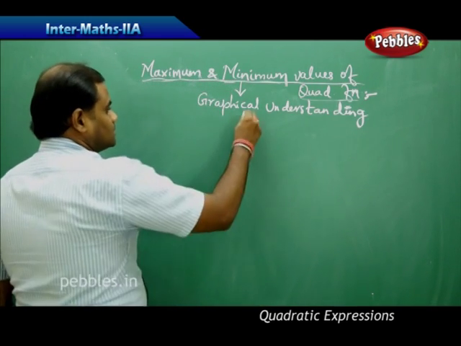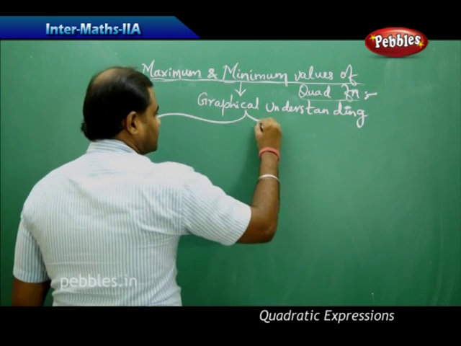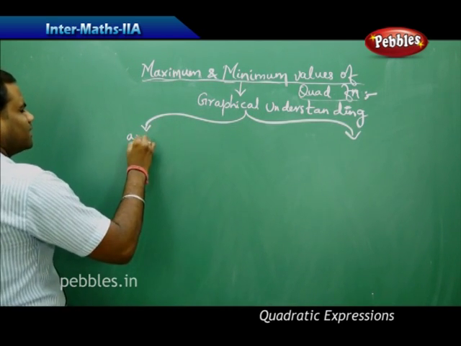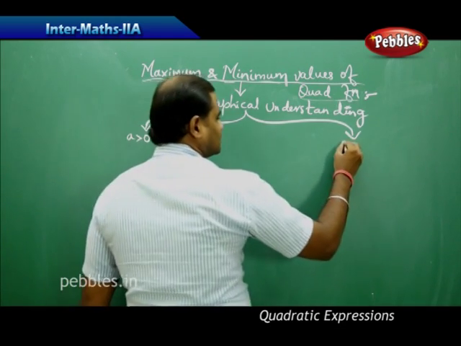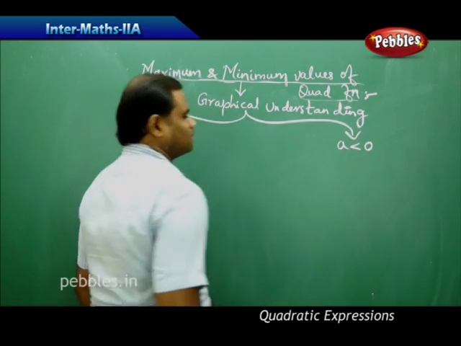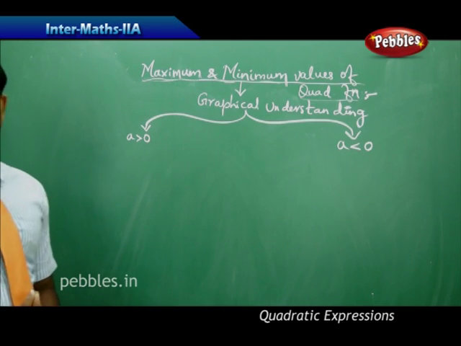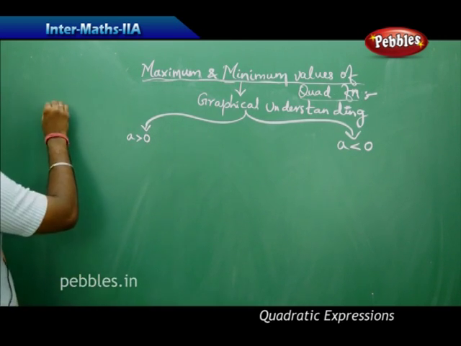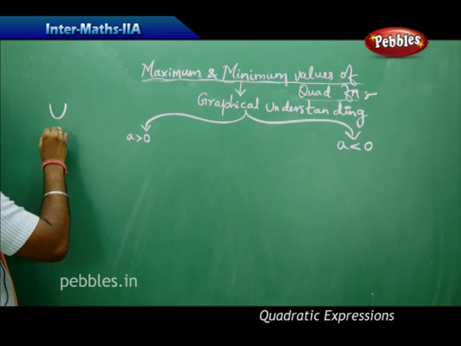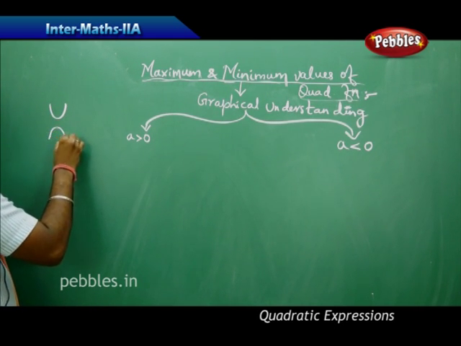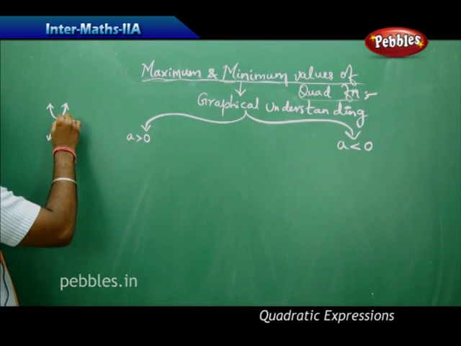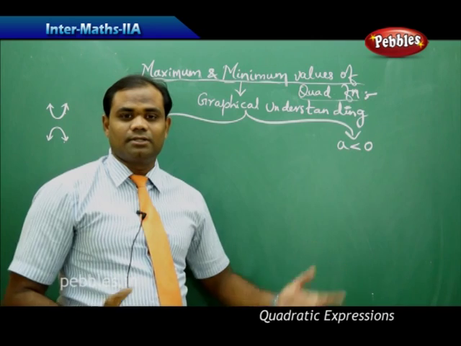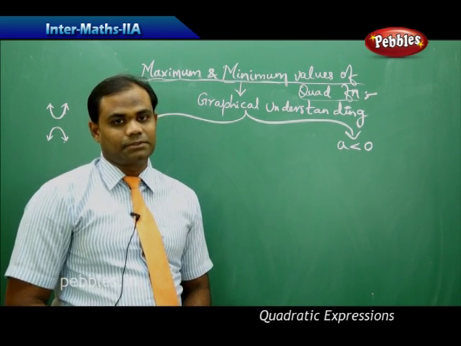So let's divide the two cases of the theorem into one where the quadratic function has A greater than 0 and the other where A is less than 0. Now we all know that a quadratic function is a parabola, which is shaped either like this or like this. This is upwards and this is downwards, as we discussed in the previous sessions on the quadratic function.